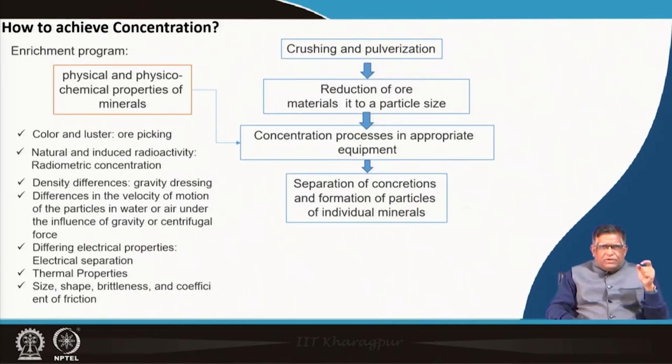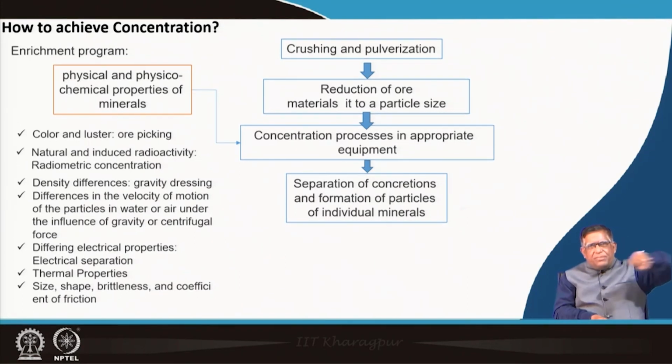Now, if you can use the density difference between the valuable mineral and the gangue mineral, with a system where the heavier things settle down and the lighter things go out, when the lighter thing is going out, you separate that out. That is how exactly concentration can be achieved.